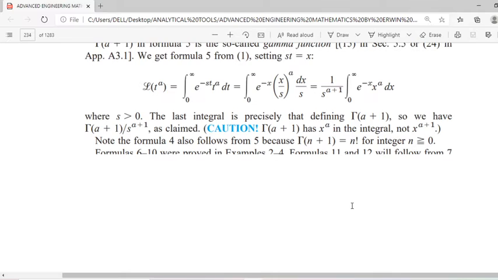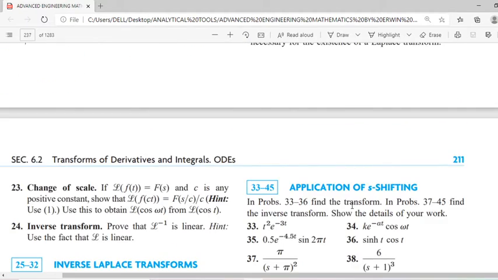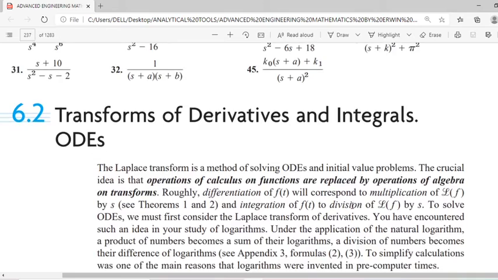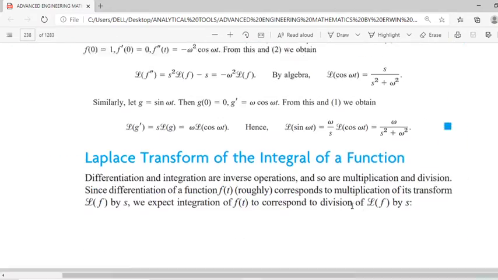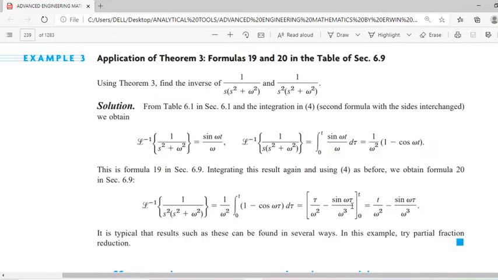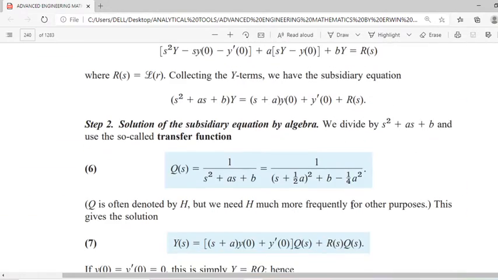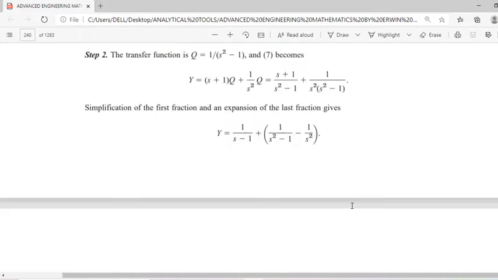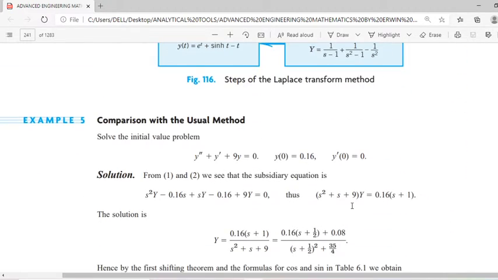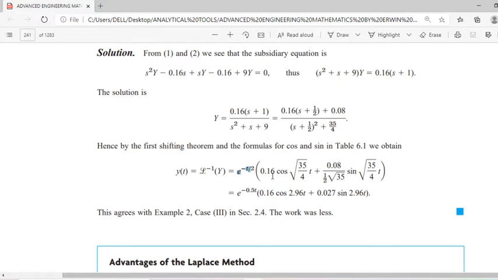So we can apply that formula, and so applying this formula, you can see that this is the first term, e raised to at into constant, cos omega t, plus e raised to at into constant, sine omega t. Omega is root of 35 by 4. So that is simplified here.